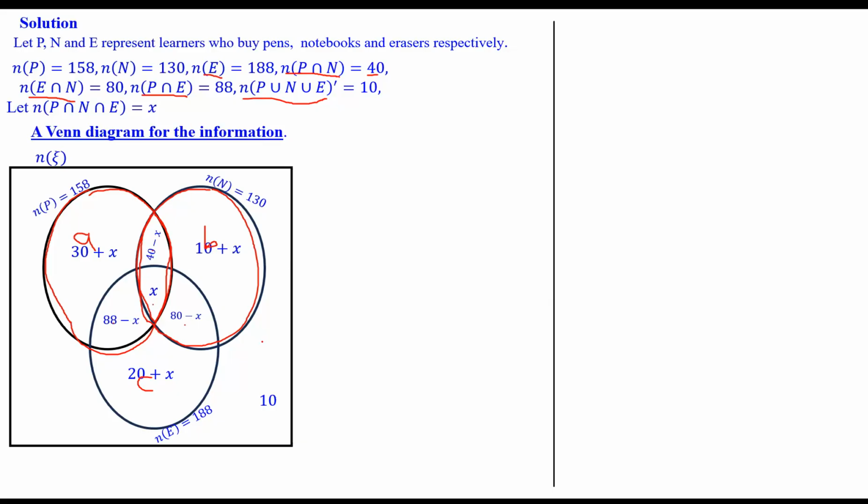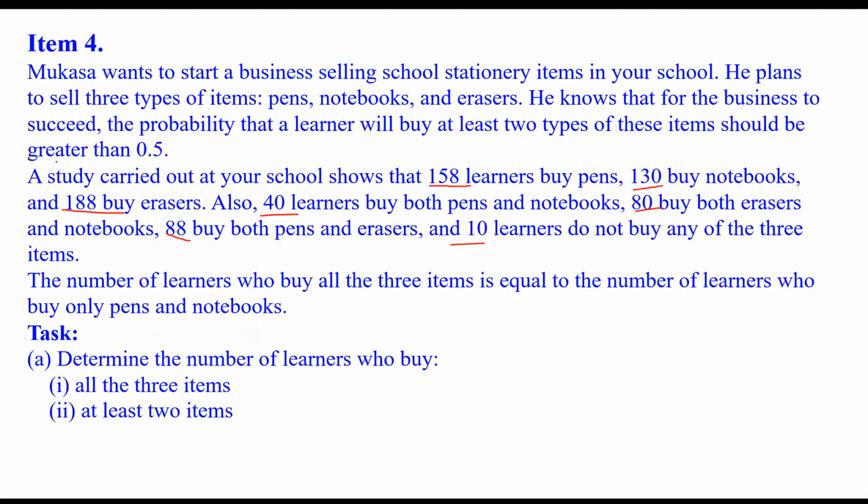So now to solve for x, since we don't have the universal, we are not going to add all these and equate to the universal. Instead, what we are going to do is to go back to the scenario and look for a statement that will help us get the value of x.